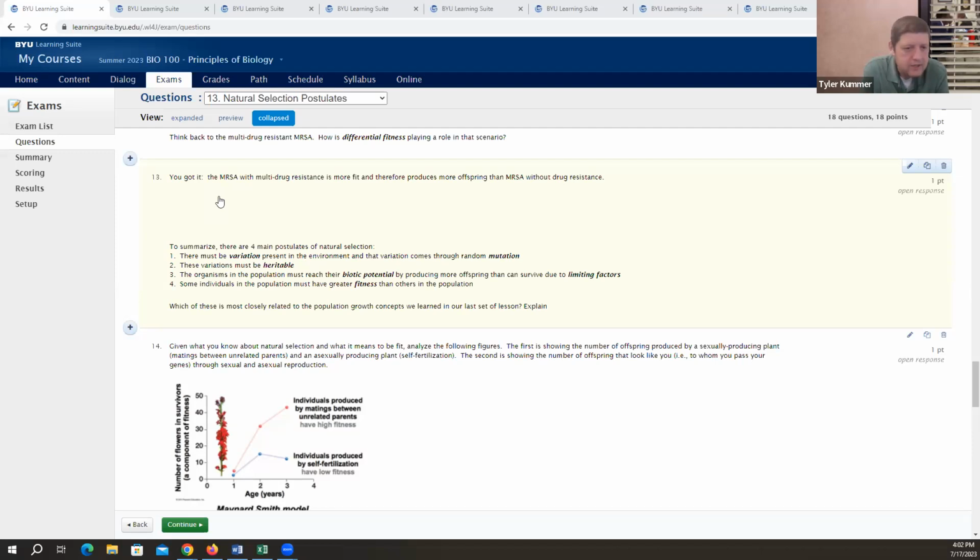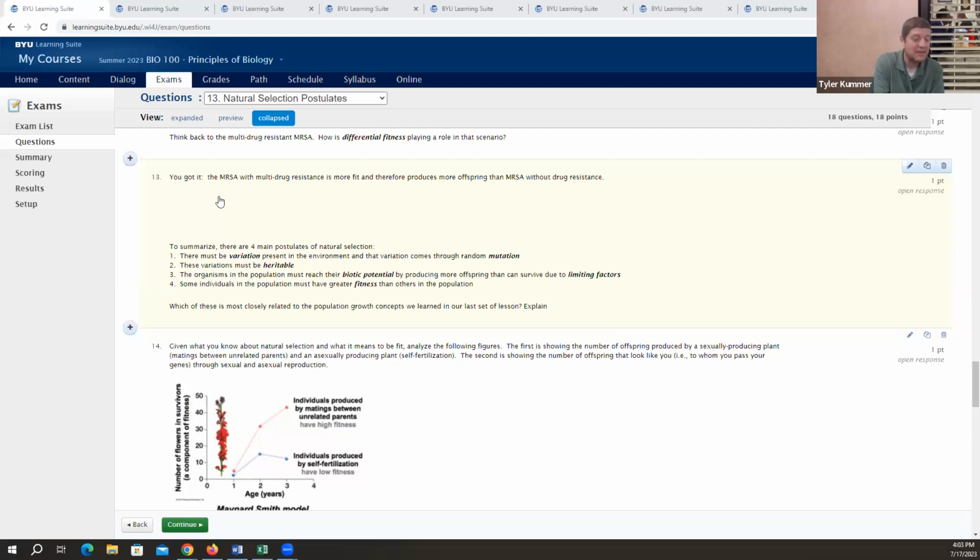Our second postulate of natural selection is heritability. There has to be differences in the population, and those differences must be able to be passed on to the next generation. If that's not the case, we don't get natural selection.